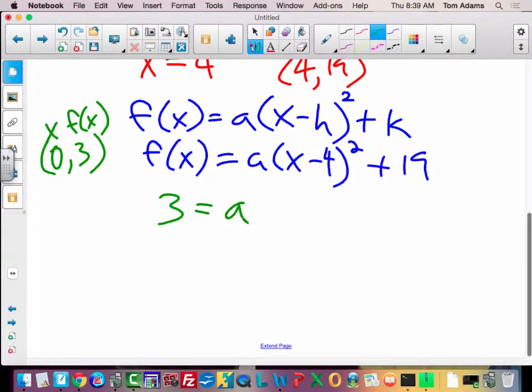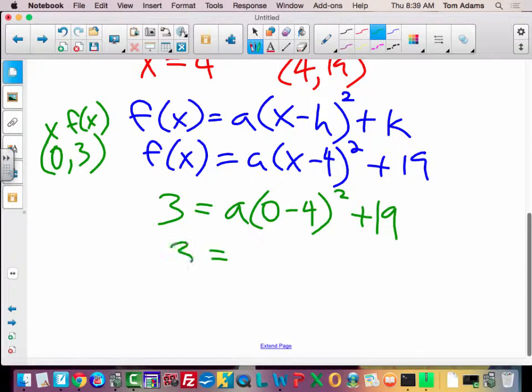I'm going to plug in an a here. And now I have a 0 that goes here, minus 4 squared plus 19. Now what can I do? Do you guys see what I can do now? Now I have a bunch of numbers and a variable a. So I could solve for a and figure out exactly what a is.